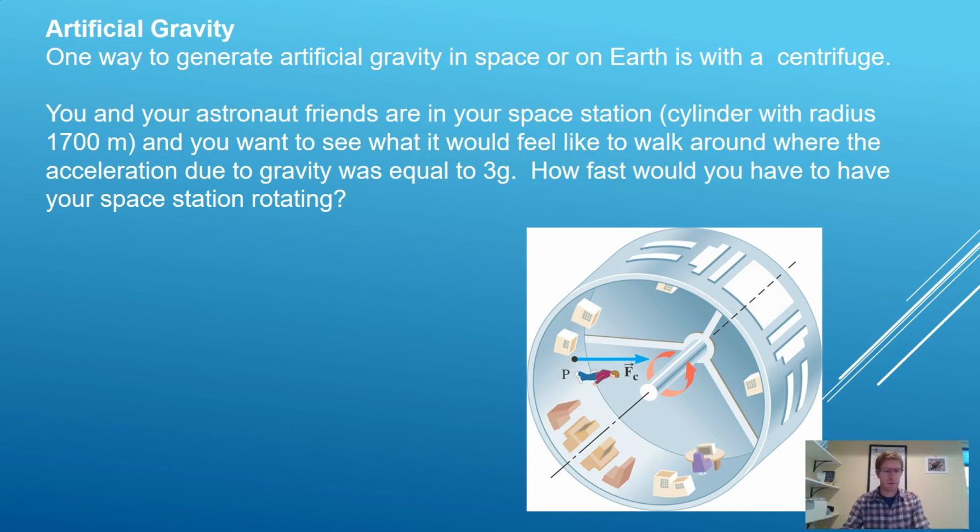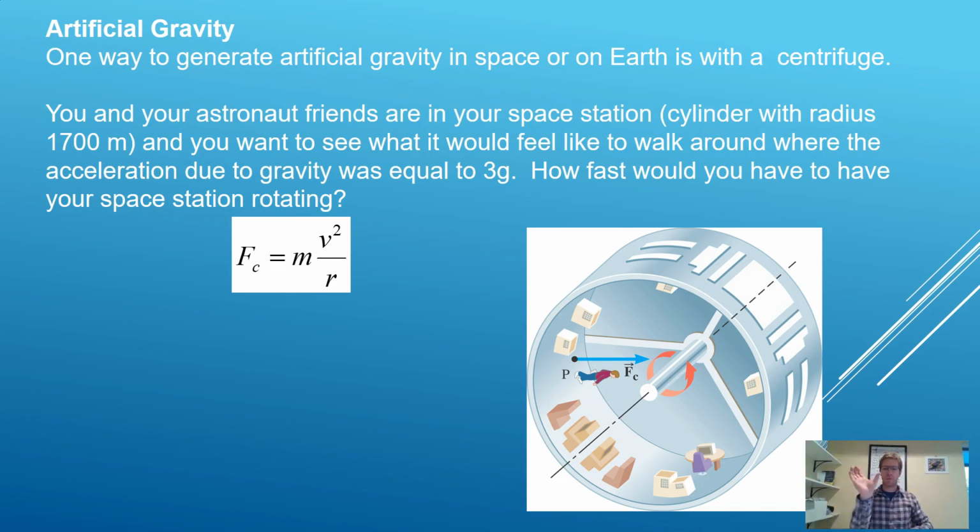All right, so hopefully you got a solution. Let's go ahead and solve it and see if you got it. First things first, you always start with a free body diagram. As you can see in our free body diagram, the only force this person is going to be experiencing, since they're out in space, is this inward pointing normal force, which is the centripetal force provided by the outside edge.